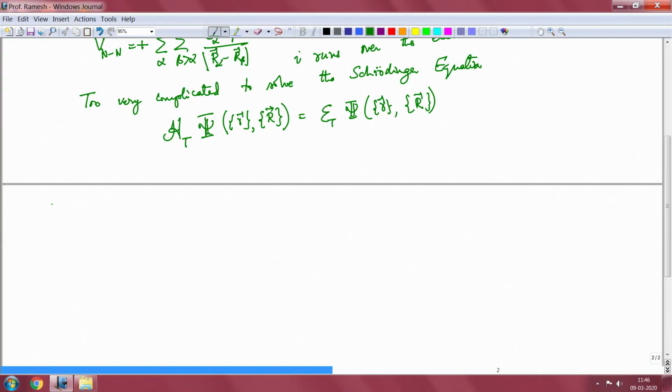So, I will talk about the approximations for simplifying the Hamiltonian. The first approximation is called the Born-Oppenheimer approximation.